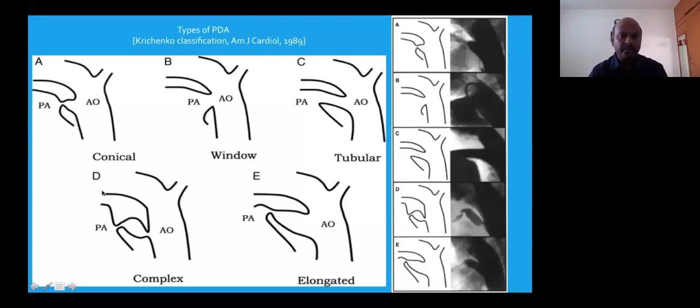So that is why it's important to know the morphology beforehand. And many a times you can see the morphology by echocardiography, and usually just before the procedure, when you do the angiogram, you can see the morphology and choose your duct occluder accordingly.